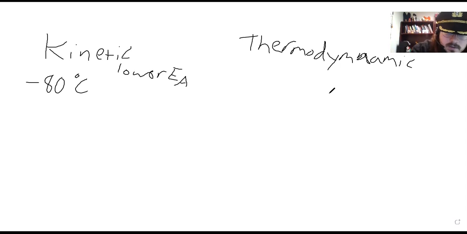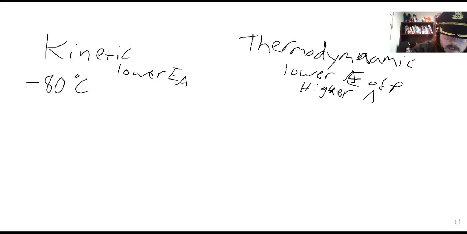This one has the lower energy of products, so a higher delta H of reaction.